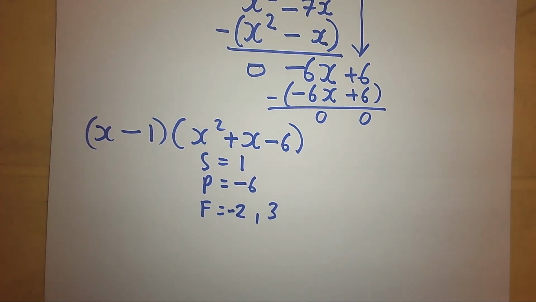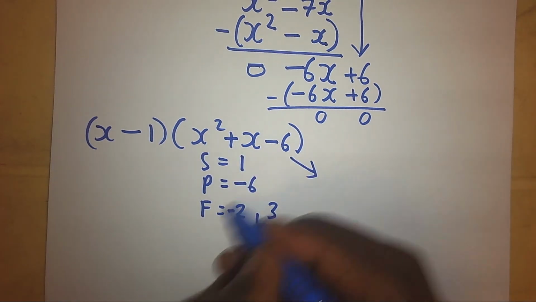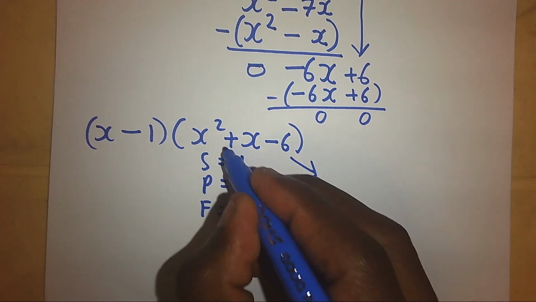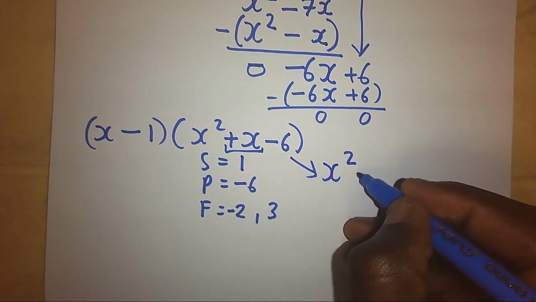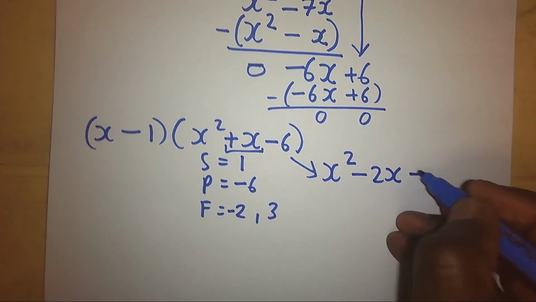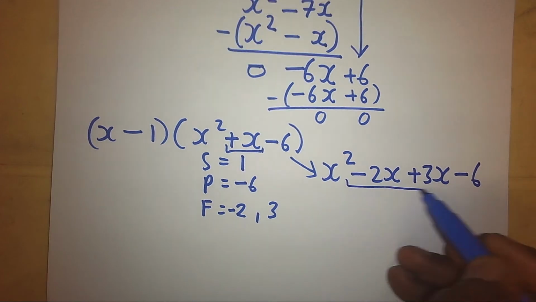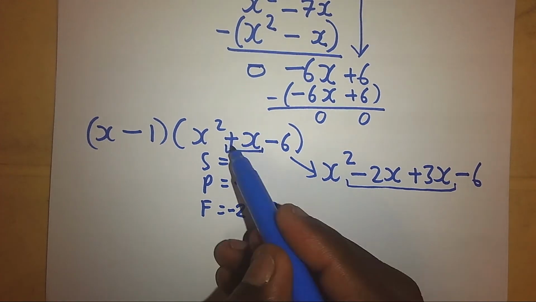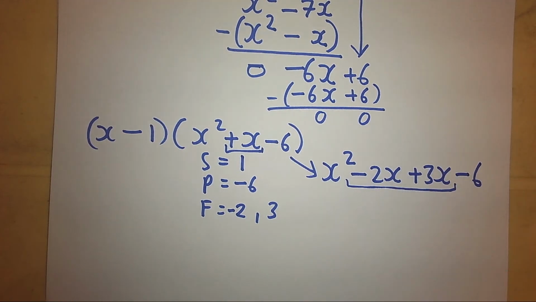Therefore, I need to bring these two factors to substitute the middle term. X squared minus 2x plus 3x minus 6. Now, I have removed the x and I have replaced it with the two factors. Then I will split it in the middle.